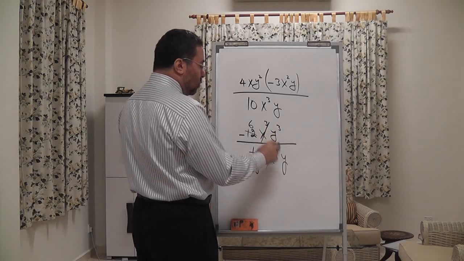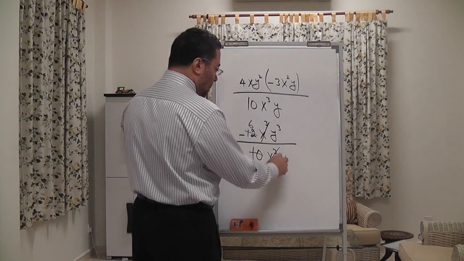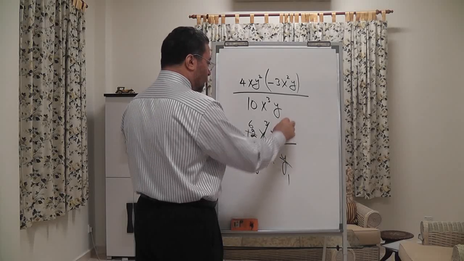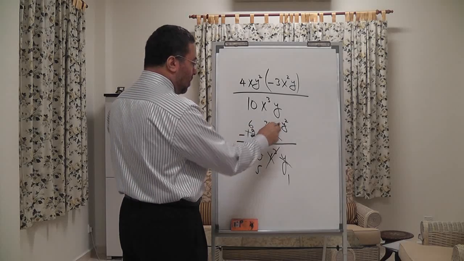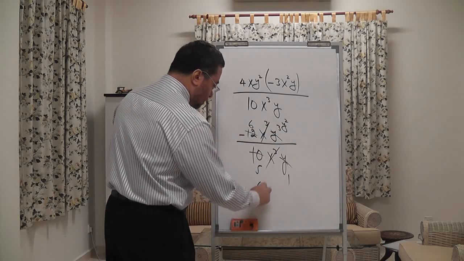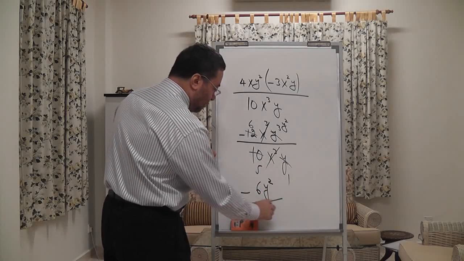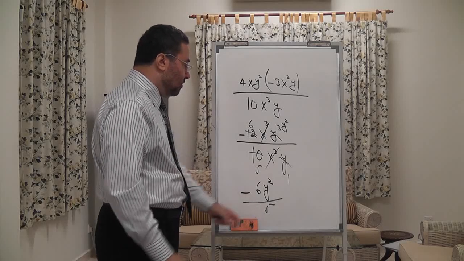The y cubed divides with the y, and we get y squared in the numerator. So the answer will be minus 6 y squared over 5. In the denominator, we are left only with 5.